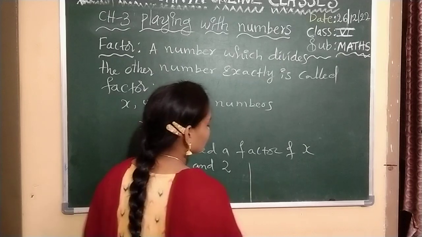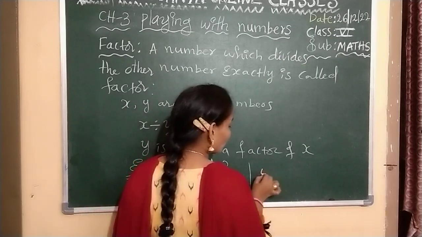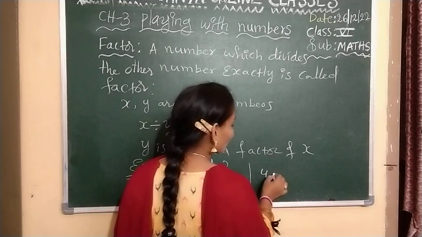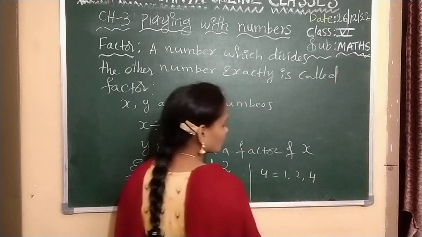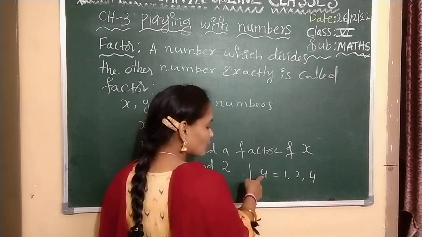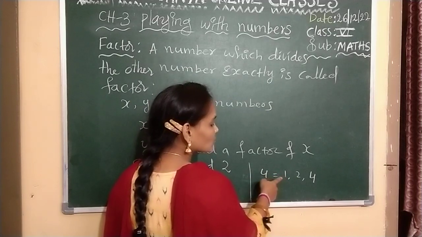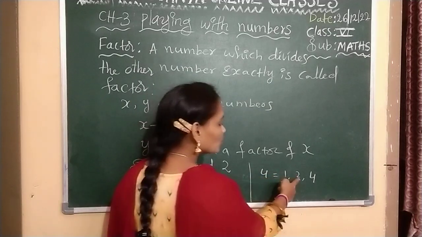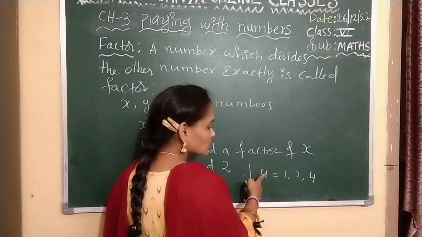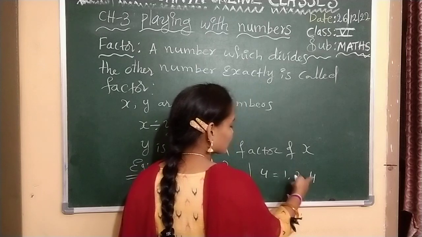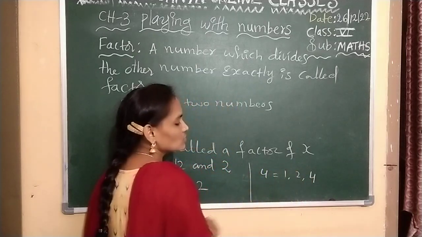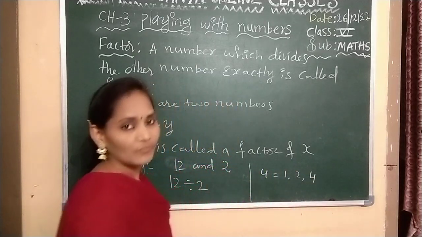Suppose I take the number 4. Factors of 4, what can we write? 1, 2, 4. Why? Because 1 divides 4 exactly, so 1 is a factor of 4. 2 divides 4 exactly, so 2 is a factor of 4. And 4 divides 4 exactly, so 4 is a factor of 4.